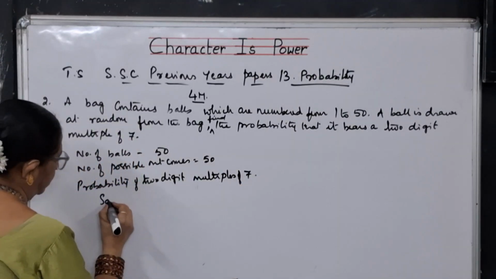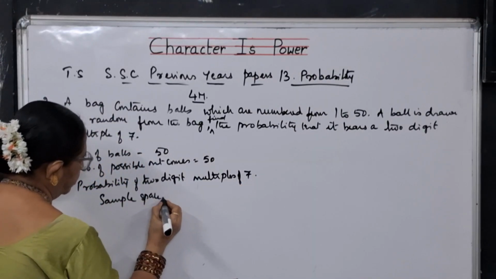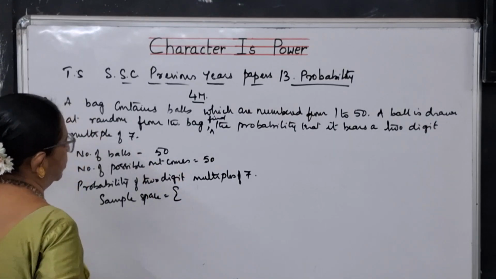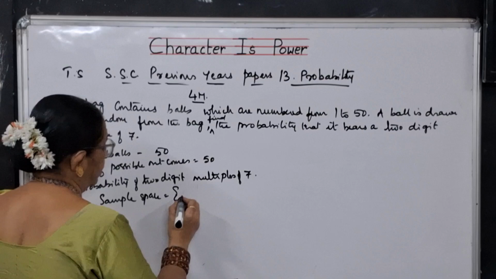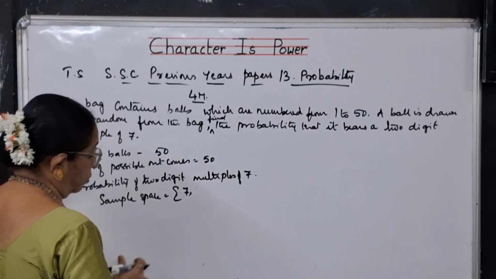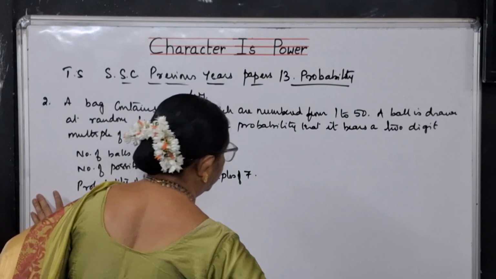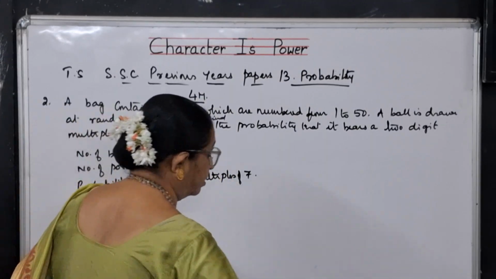So, let us write a sample space. If you write the sample space, your problem becomes easy, children. So, what are multiples of 7 from 1 to 50? It is 7, and then two-digit they said, no? So 7 you cannot take because 7 is a single digit.